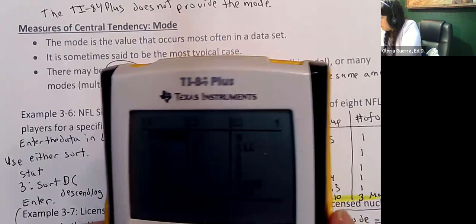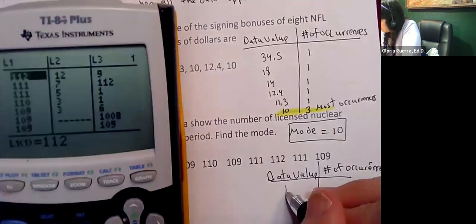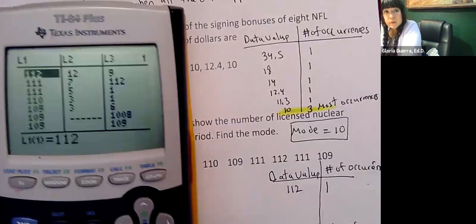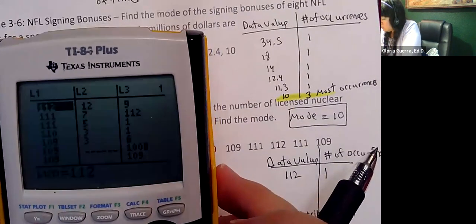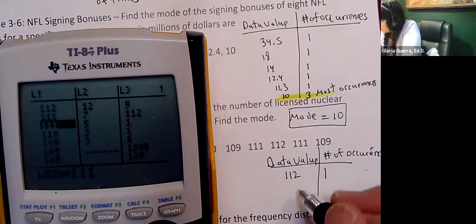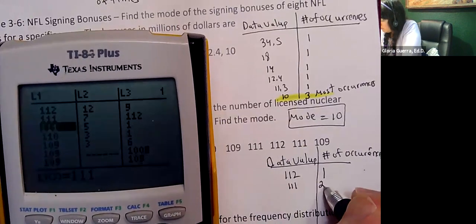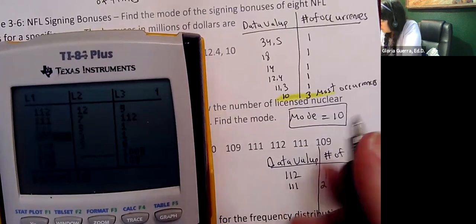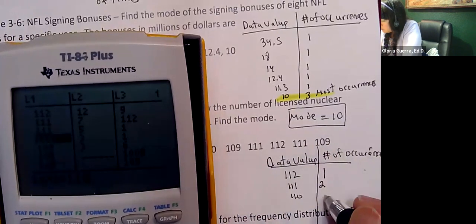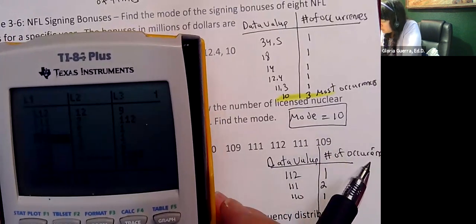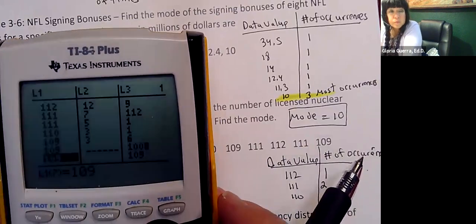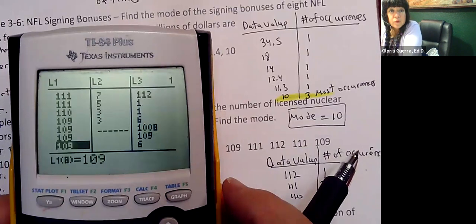112 showed up once. 111 showed up twice. 110 showed up once. And then 109 is 1, 2, 3, 4.